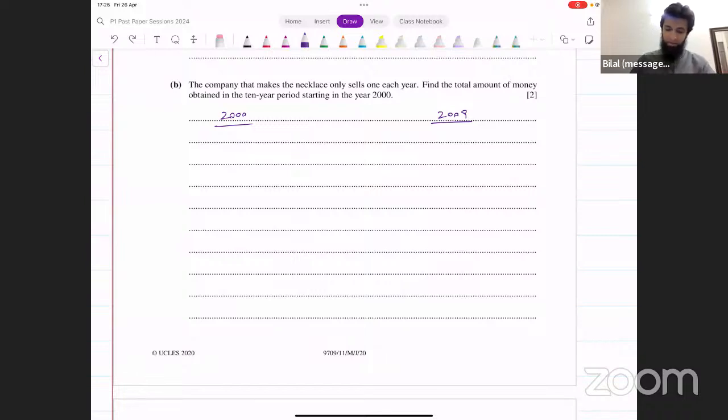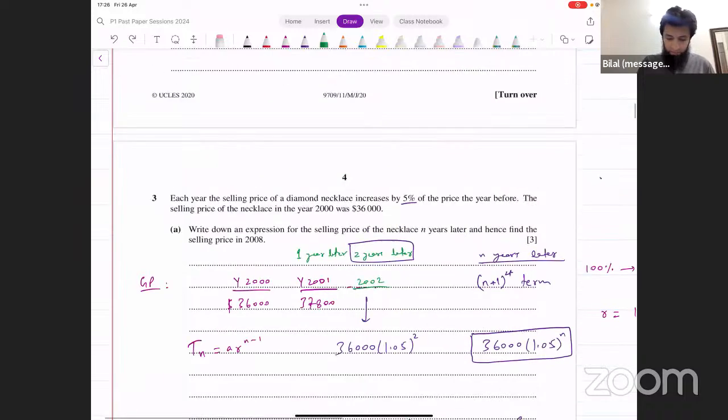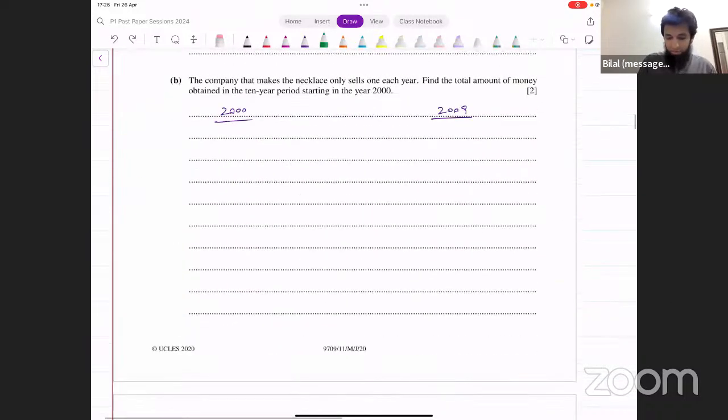And then starting from 2000, 10-year period, what would that become? That will be 2000, 2001, 2002, 2003. But doesn't that period become greater than 10? No, that's okay. 2000 is fine. Now, when do we start? We start from 36,000.